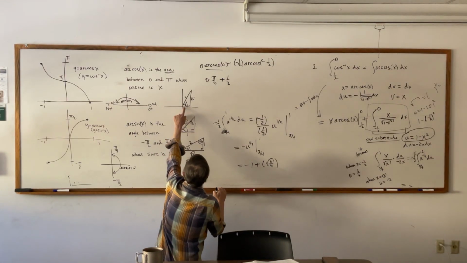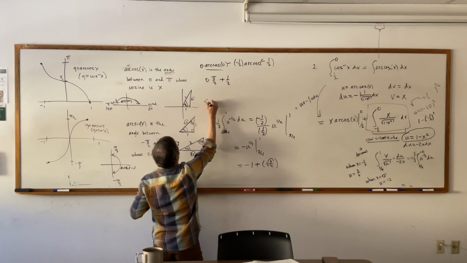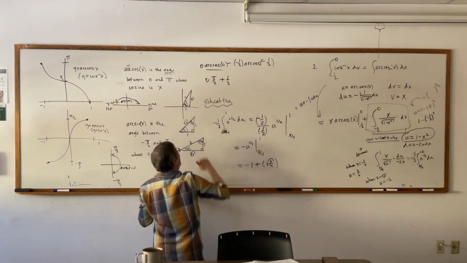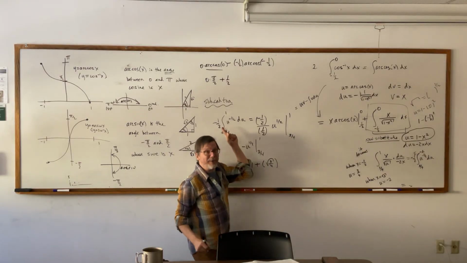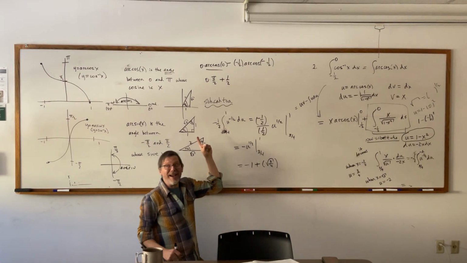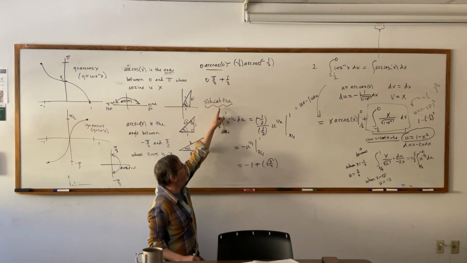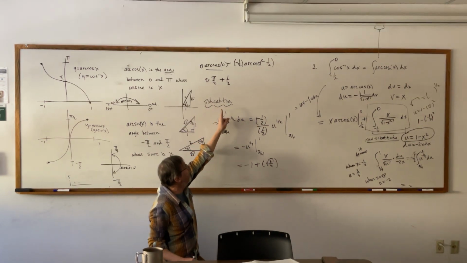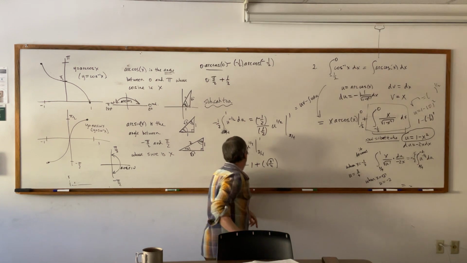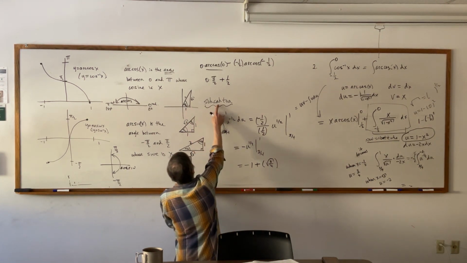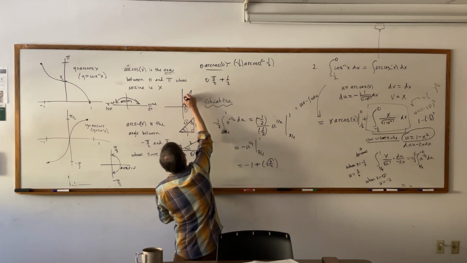So the cosine of pi over 3, we know SOHCAHTOA? Yeah, sine is opposite over hypotenuse, cosine is adjacent over hypotenuse, tangent is opposite over adjacent. So cosine of pi over 3 is adjacent over hypotenuse, 1/2.